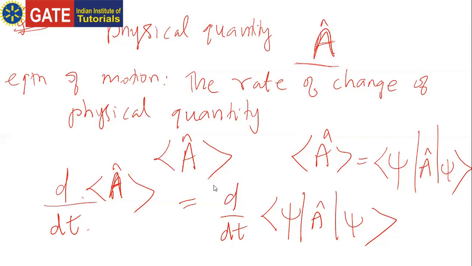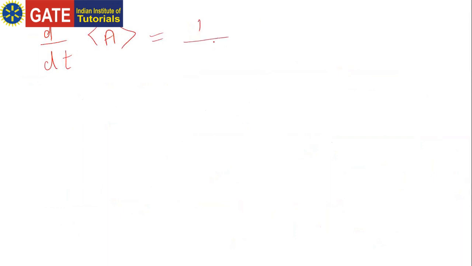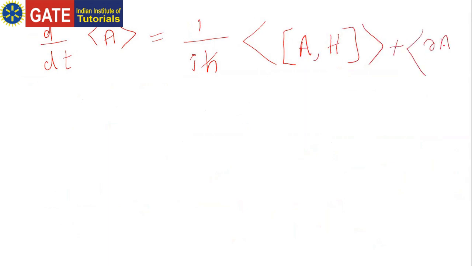No need of proof. Remember the equation of motion. d/dt of expectation A is equal to 1 by iħ times the expectation of the commutator [A, H] plus the expectation of ∂A/∂t.